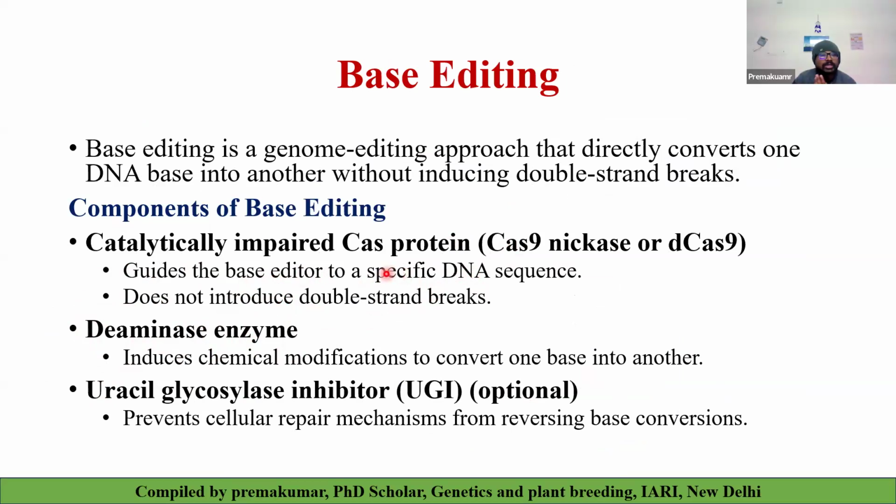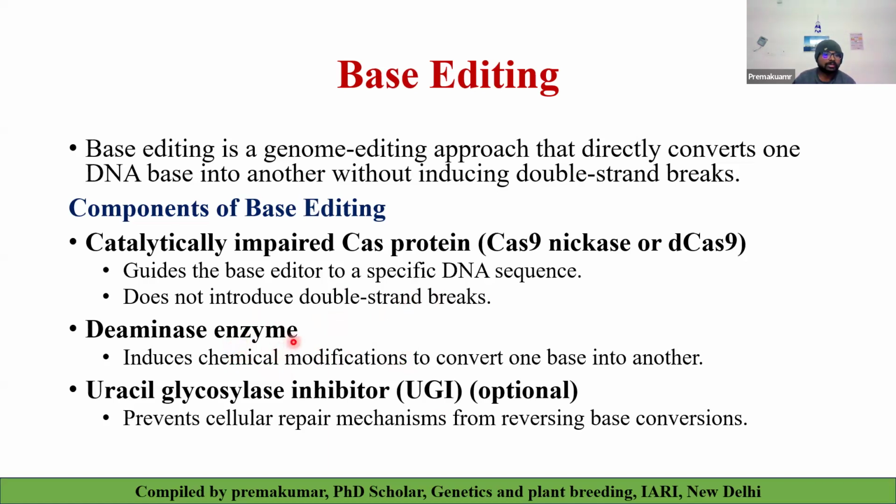Then you can use uracil glycosylase inhibitor. What is the main function of this? It prevents the cellular repair mechanism from reversing the base conversion. For example, you are changing one base to another base. Definitely there will be repair mechanisms in the host. If you create any modification, they will come and repair it again.